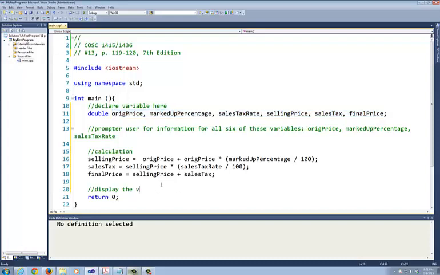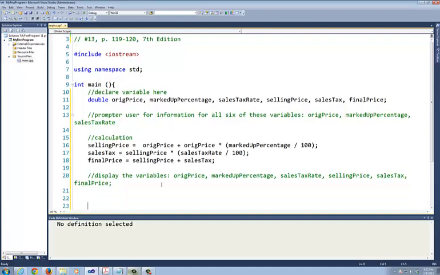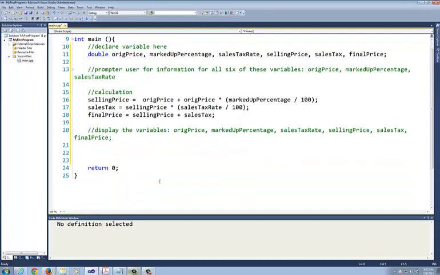Display all the variables that you have, and give me a percentage for the markup. Put that in a cout, and you should have about 6 things that you're outputting. Okay, all that goes here. Can you do that for me? Thanks. See, I'm done in time.